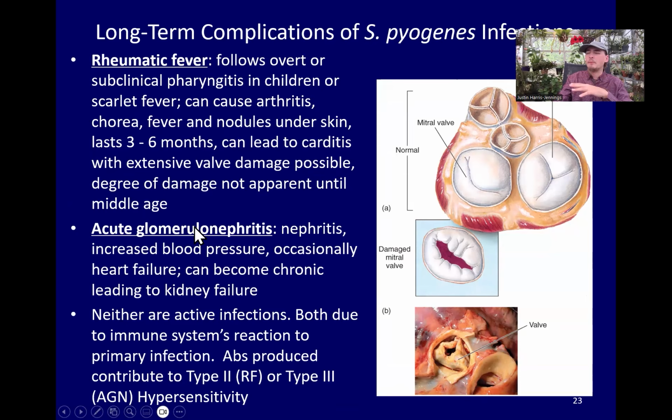And then also there are some studies saying that the surface sugars that are on top of the Streptococcus pyogenes bacteria look similar to our own proteins and sugars, and we can create antibodies that react and hurt ourselves.